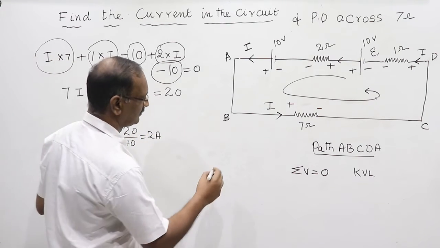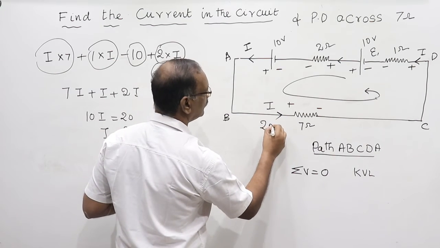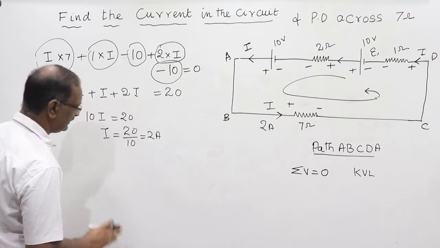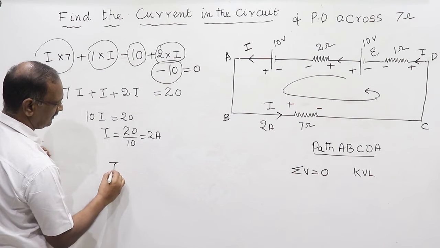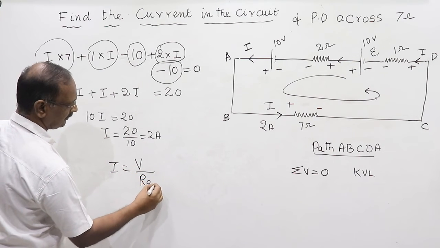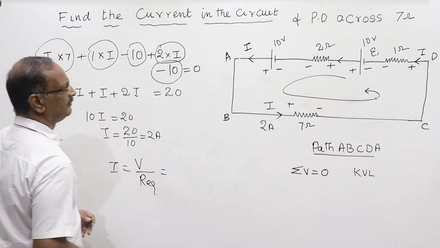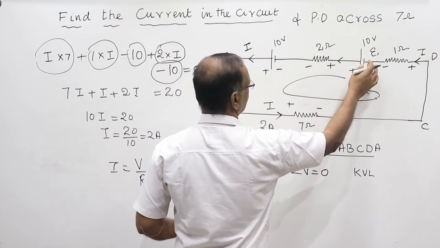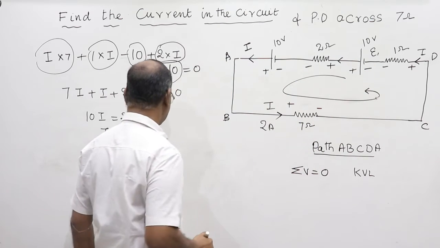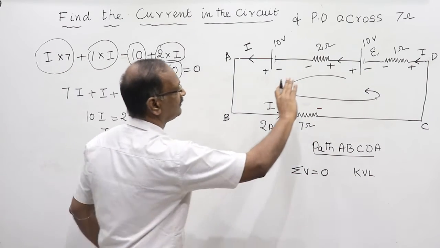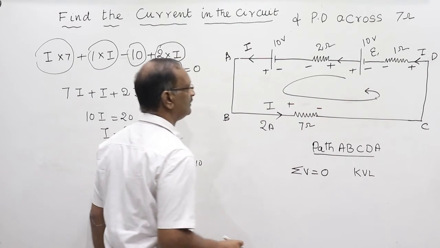It means the current flowing through this circuit is 2 ampere. All are in series, so we can calculate this directly also. I is equal to the total voltage applied divided by R equivalent. Both 10 volt sources have the same connection, minus to plus, so we can add both: 10 plus 10. If one were reversed, we would have to use a different sign.